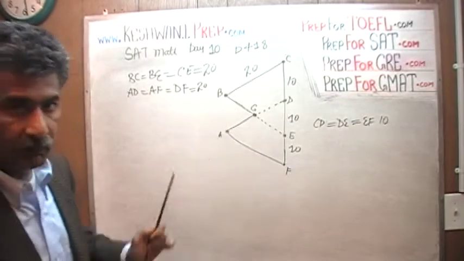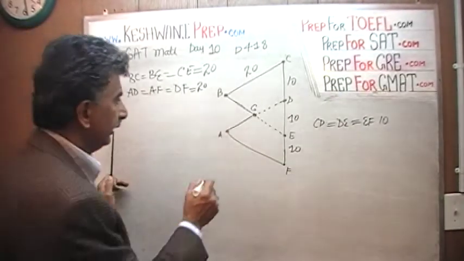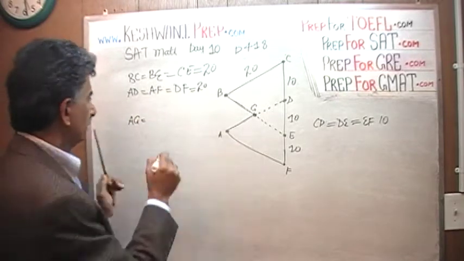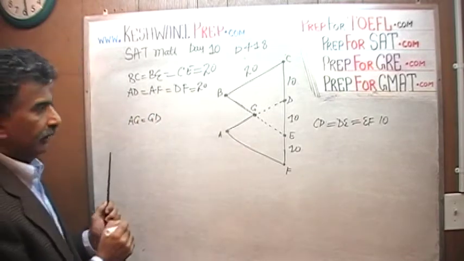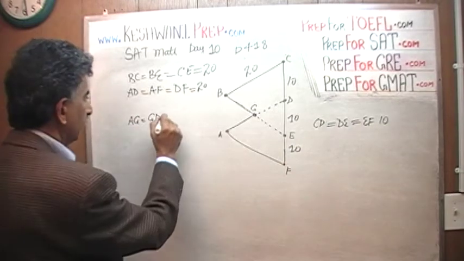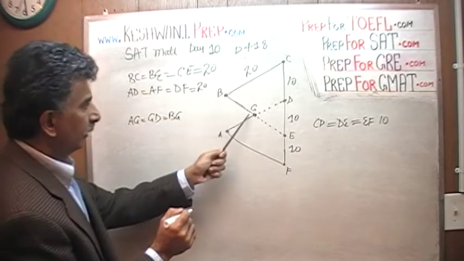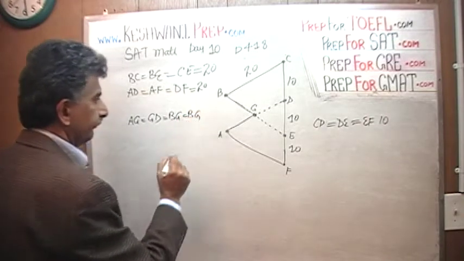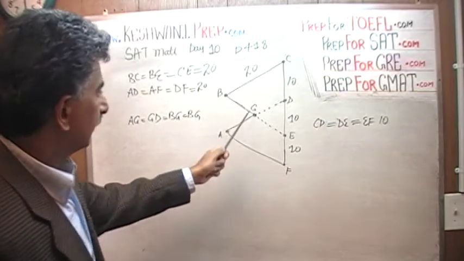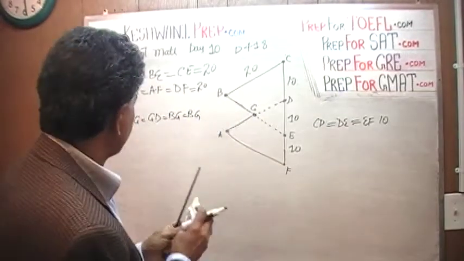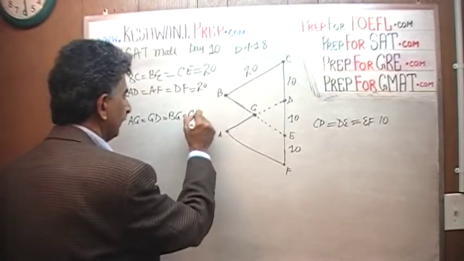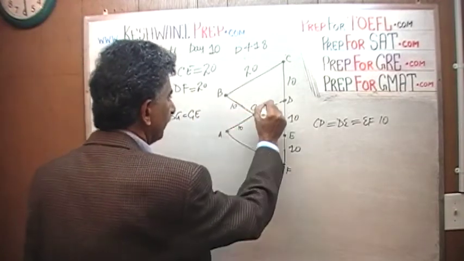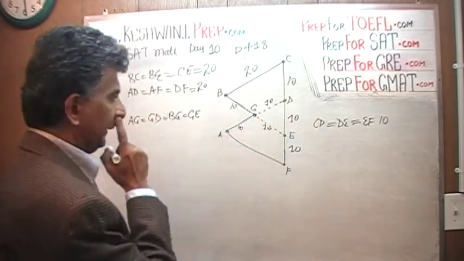But because of the symmetry of the whole thing, A to G is equal to G to D. And similarly, B to G is equal to G to E. And they are all 10. This is 10, this is 10, this is 10, and this is 10.